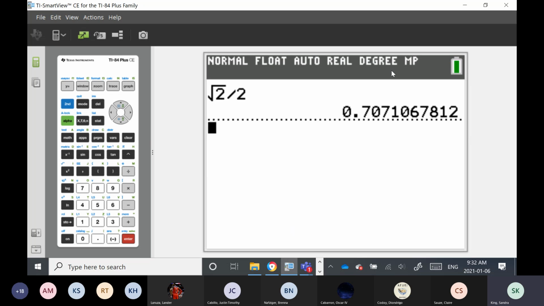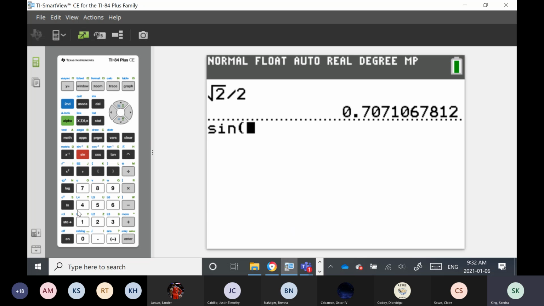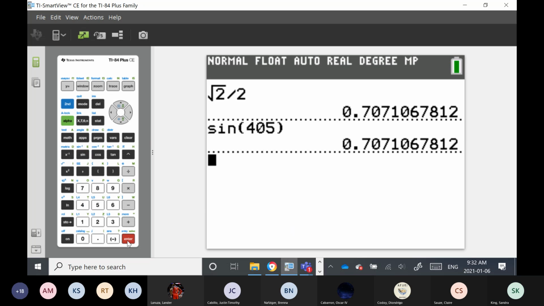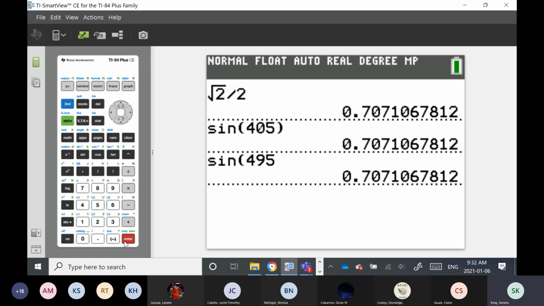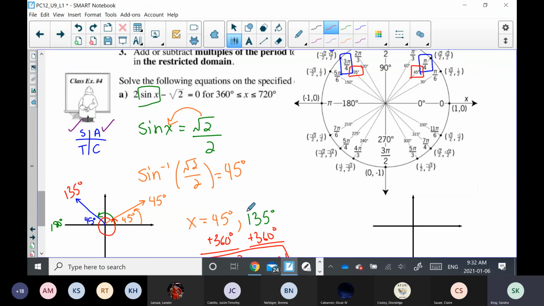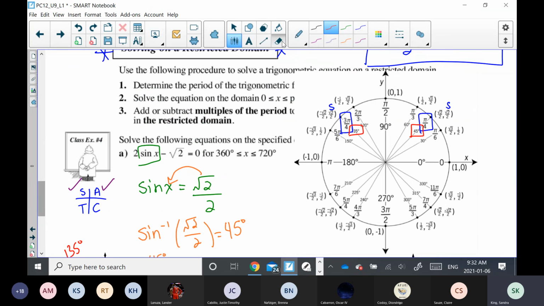And then, in degree mode, the sine of 405 degrees. Exact same answer. Now I'm going to type in my other one, sine of 495. Exact same answer. So that's what you would do for that question, because they gave us a different restricted domain, and those two answers exist within this restricted domain.